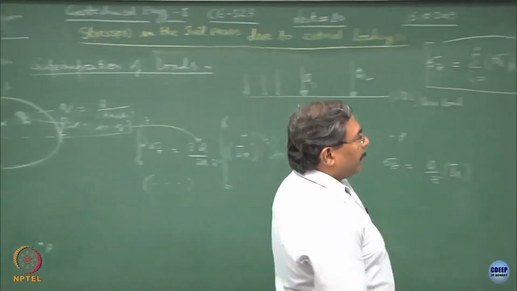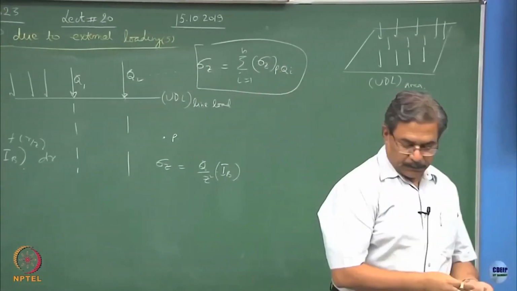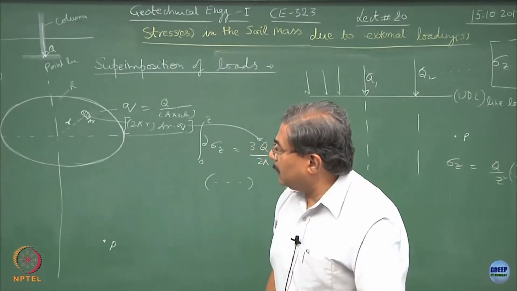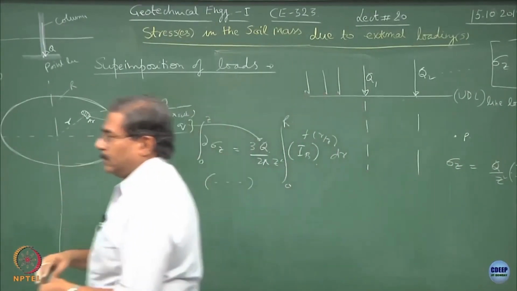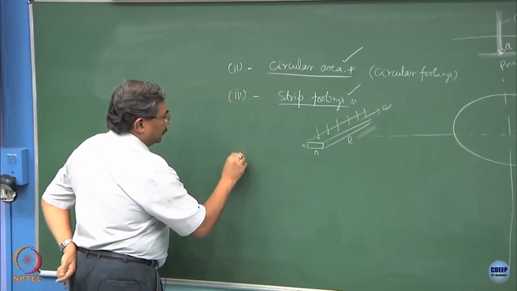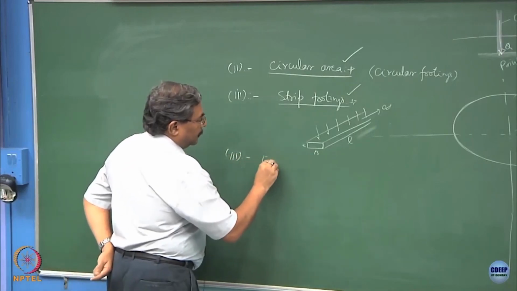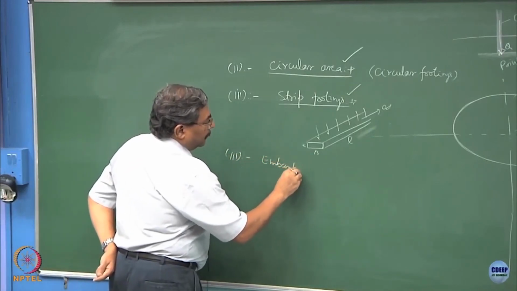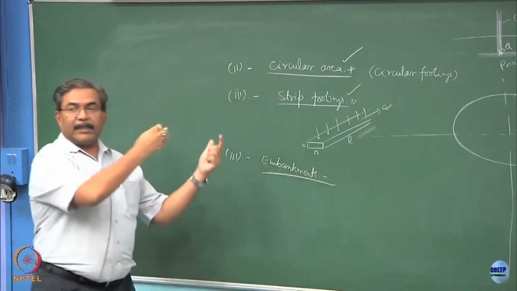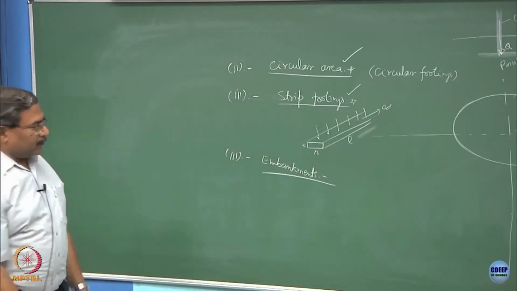Now whenever you make embankments, as far as the foundation part is concerned, this is nothing but the strip foundation. Embankments are nothing but the dams which you were discussing in the previous lecture as far as the seepage analysis was concerned.